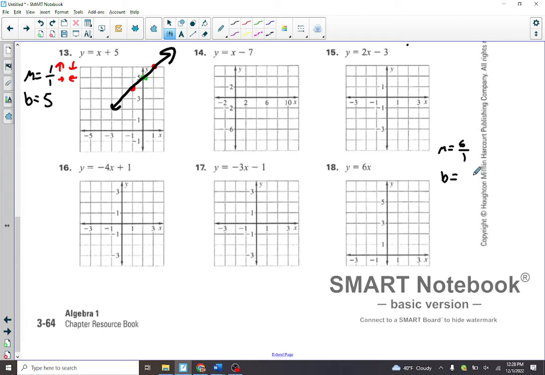So I'm adding nothing, so I'm at 0. So my starting point is at 0. My slope is up 6, right 1. And then the opposite, down and left. The down and left one won't fit, so I'm only going to graph the up and right one. So up 6, right 1. Can't fit the other one, so I'll just connect the dots from here.